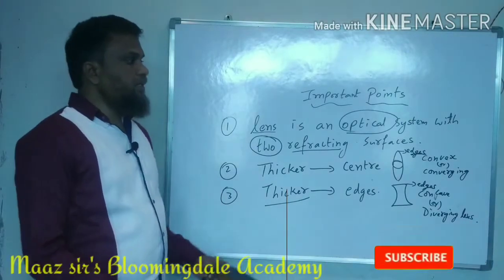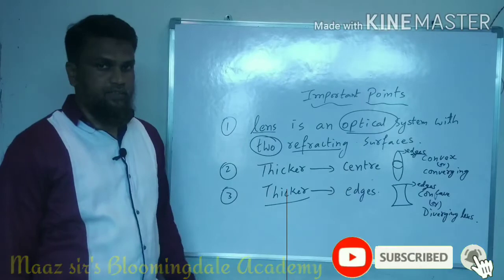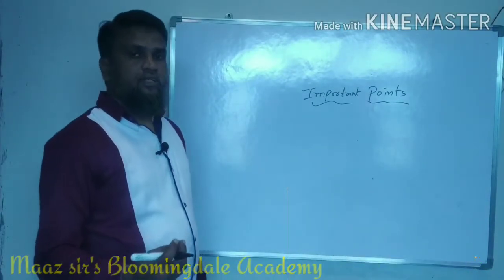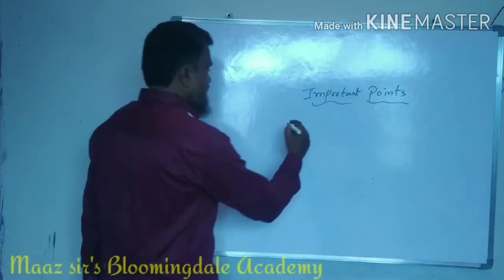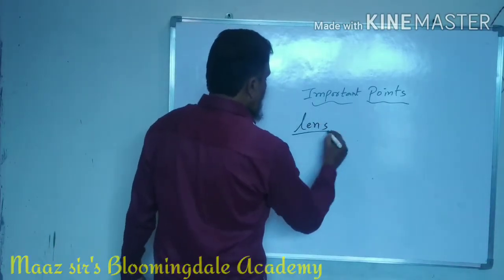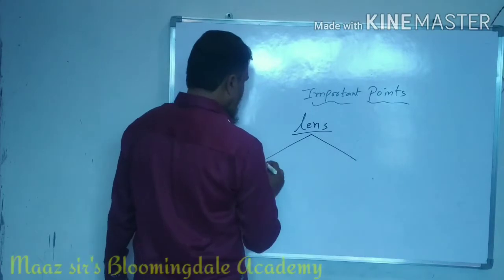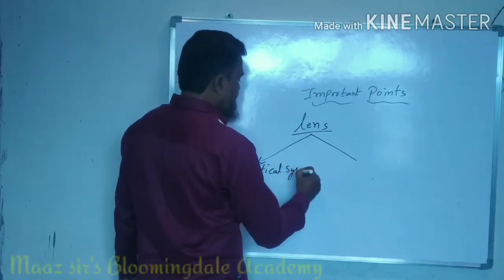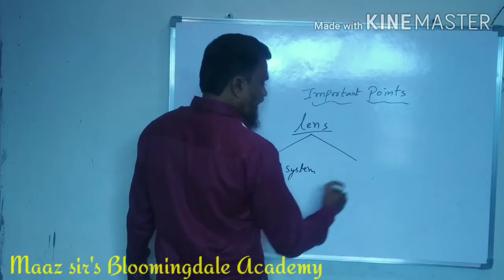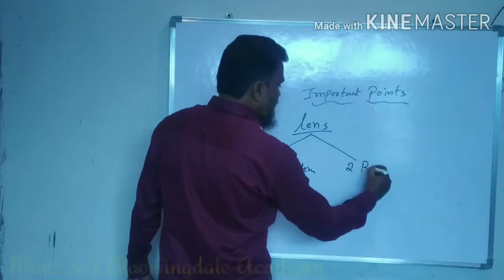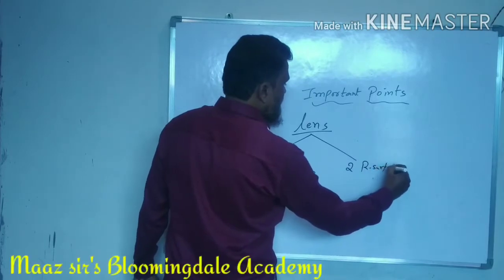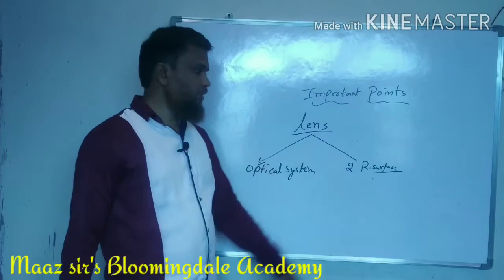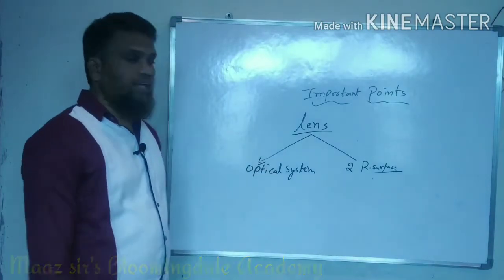Now I will explain a lens in detail. Just now we discussed lenses, and now we will learn about them in detail. Whenever I talk about a lens, you have to think that a lens is an optical system and it has two refracting surfaces; only then is it known as a lens.